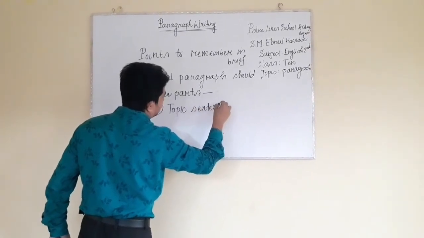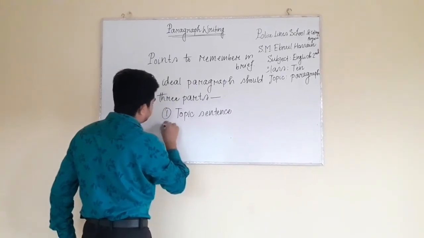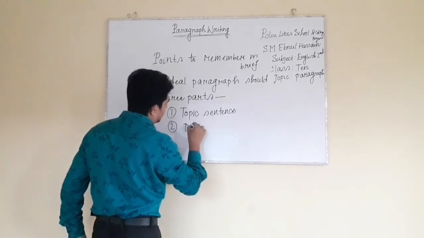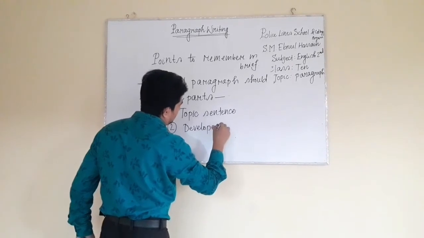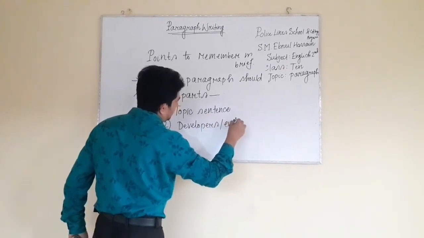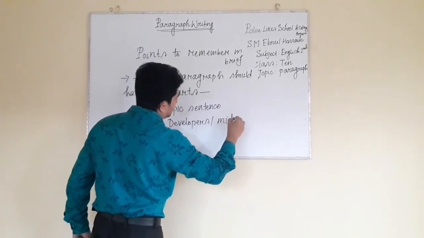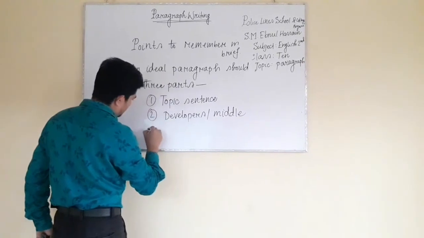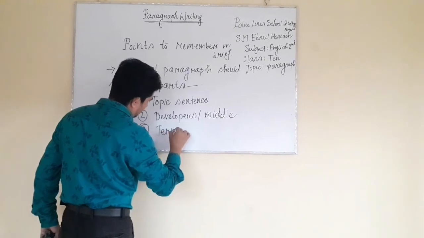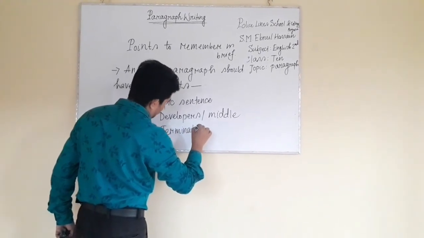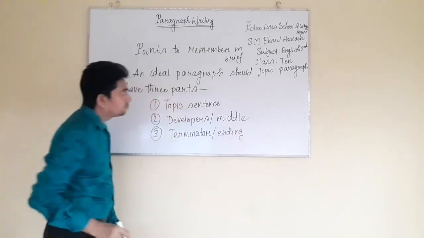Number two, developers or middle. Number three, terminator or ending.